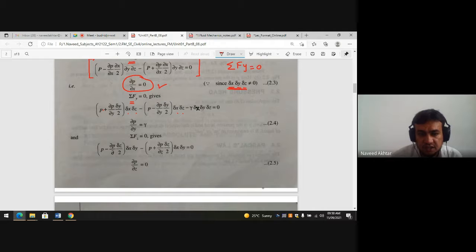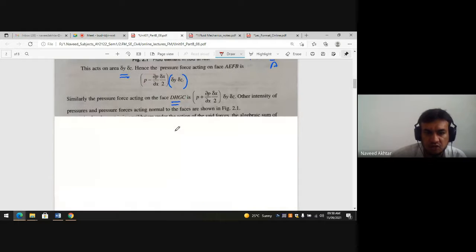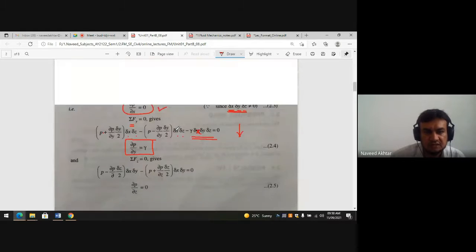Here you can see the negative gamma, the downward self weight of the fluid element, gamma δx δy δz. It is one more force available. So if you solve this, dp/dy is equal to gamma. Here dp/dy will not be 0, because the self weight of the element acts downward on the pressure.